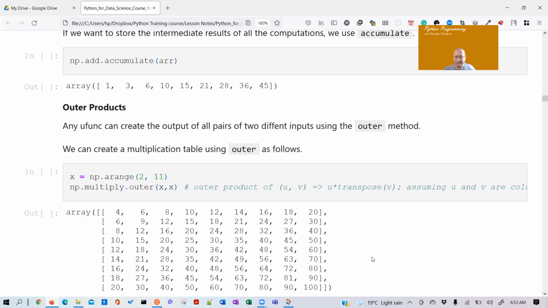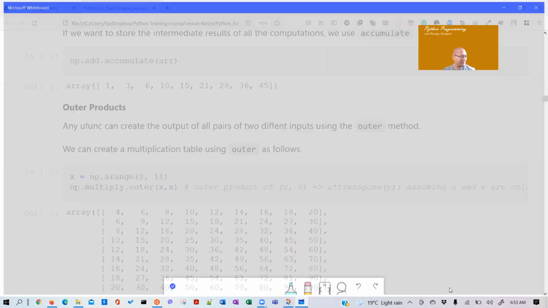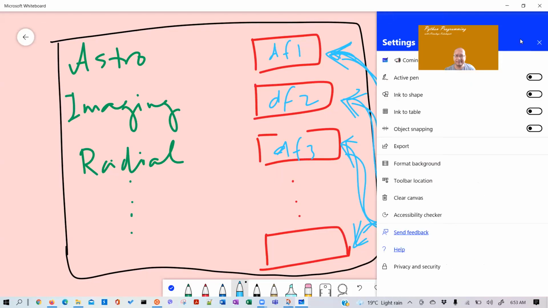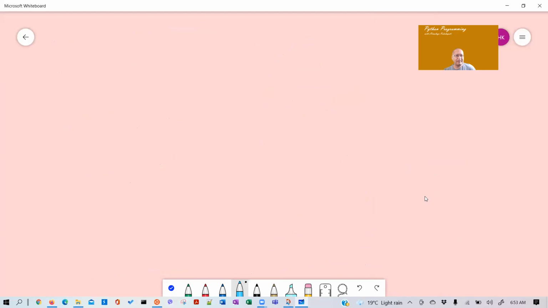Okay, so inner product or outer product. Okay, let's see.